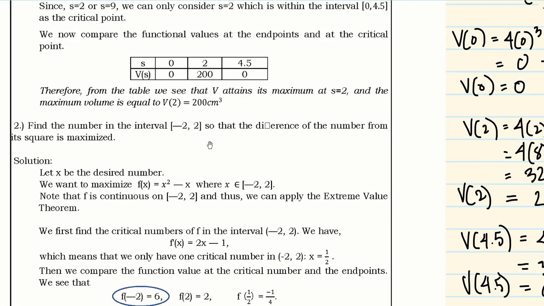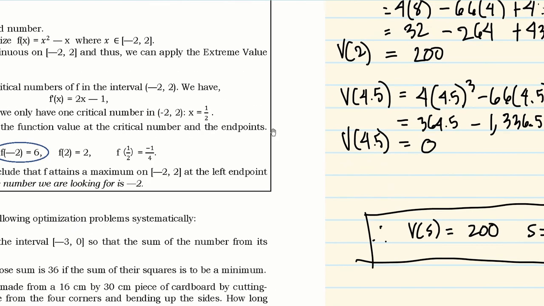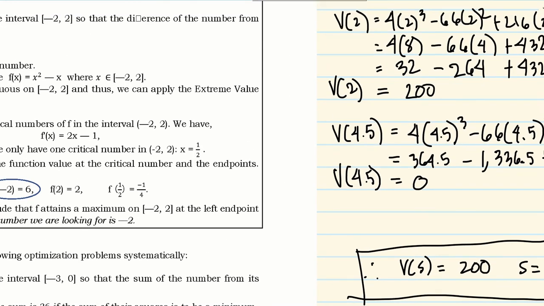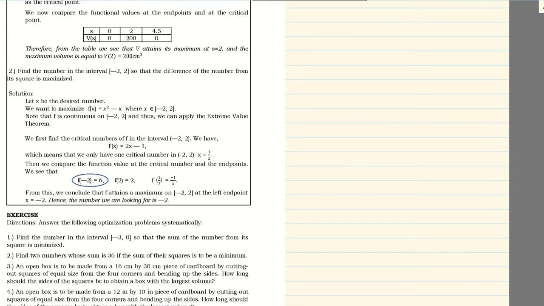Okay, so now we proceed to example number 2. In this example number 2, we have here: find the number in the interval negative 2 to 2 so that the difference of the number from its square is maximized.